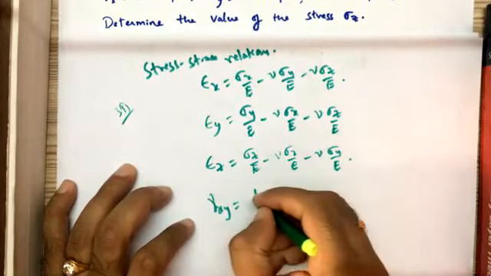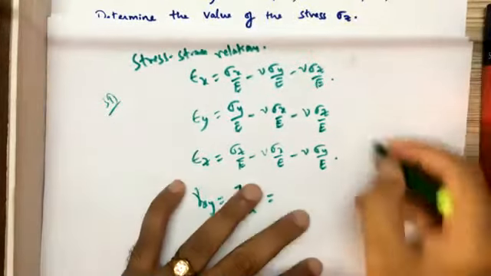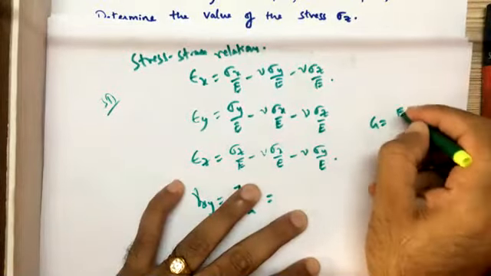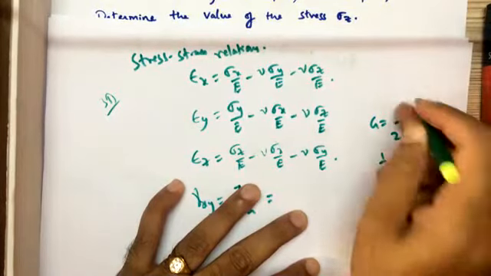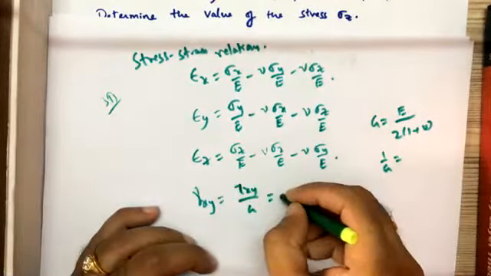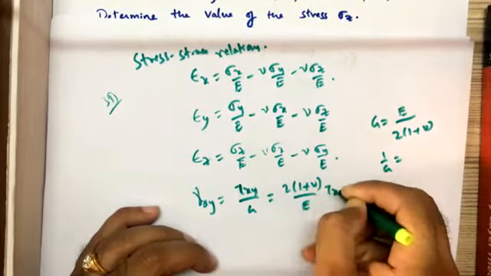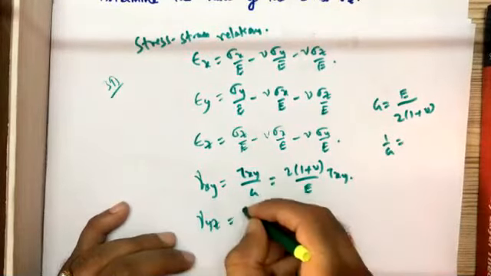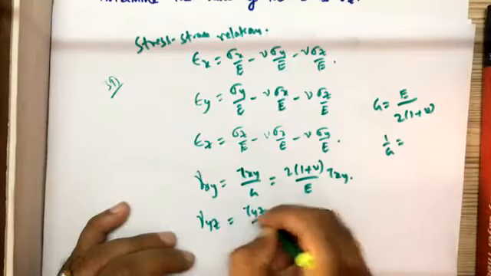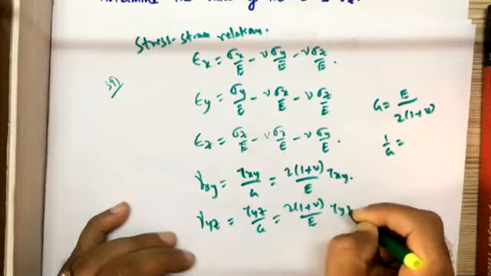What is gamma xy? Gamma xy is tau xy by G, but we know G is equal to E by 2 into 1 plus nu. So 1 by G becomes the reciprocal, 2 into 1 plus nu by E into tau xy, right? Similarly, gamma yz is tau yz by G, that is 2 into 1 plus nu by E into tau yz.